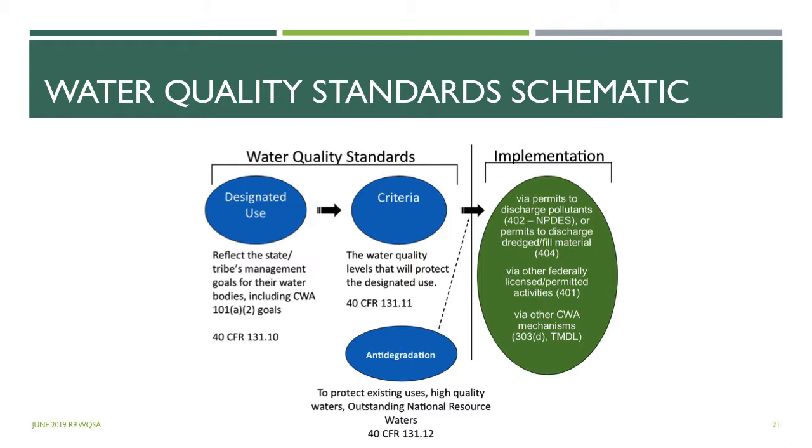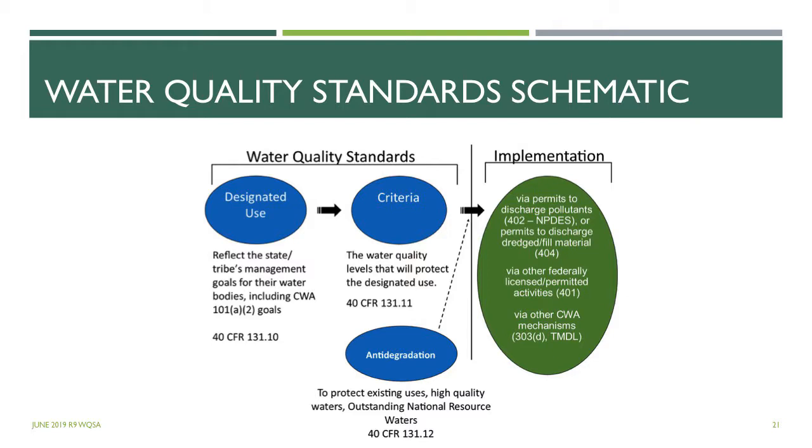On the right of that line is where all your implementation is. So on the left, you've sort of established how you want to protect your waters, and on the right are the mechanisms that are used to actually do exactly that. And it's done in different ways, using different mechanisms. First and foremost, it's done via 402 NPDES permits, which are limits to discharging pollutants to certain waters.